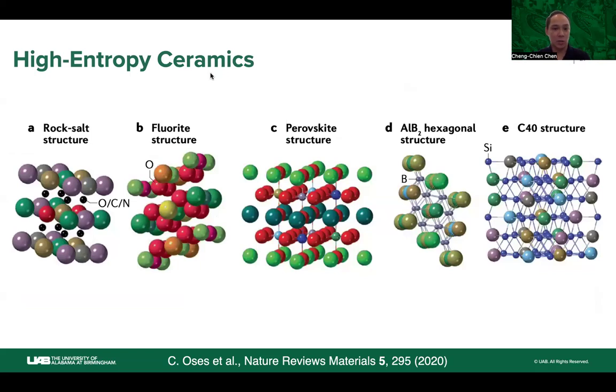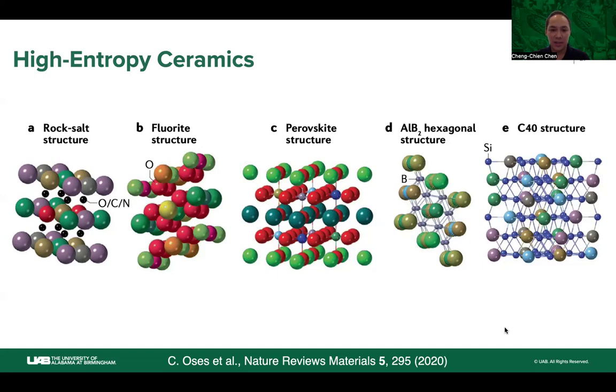Two systems we want to focus on here are the cubic rock salt structure of the high entropy carbides, and also the hexagonal AlB2 structure of high entropy borides. In this case, for example, one will use the AlB2 hexagonal structure, but now replace the aluminum atoms by, for example, 5 different transition metals for 5-metal high entropy borides.